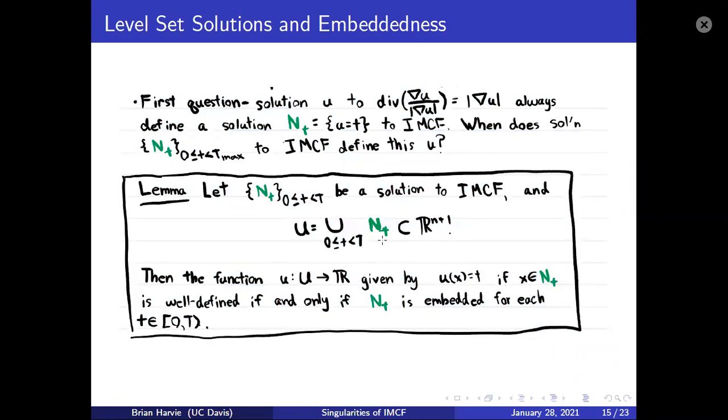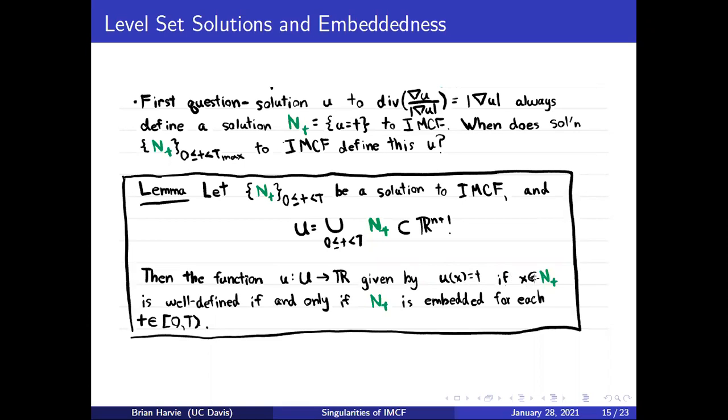So defining this u will only make sense if the flow surfaces at different times are disjoint from one another. So if you have N_t1 intersecting N_t2 for t1 not equal to t2, this u wouldn't be well defined, because how do I say if it's equal to t1 or t2 if I take a point that lies in the intersection?